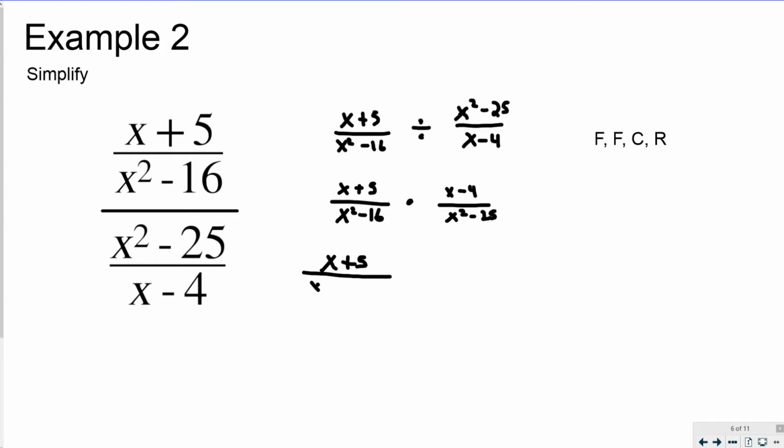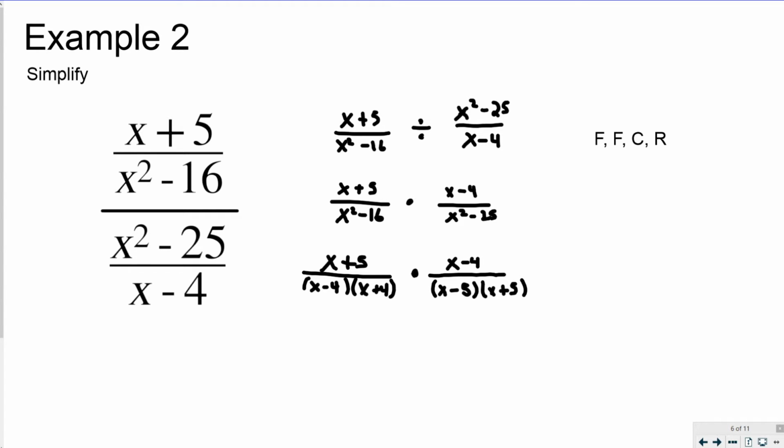On the bottom, I'm going to have x minus 4 times x plus 4, times, and then we have the x minus 4 up on the top still. And then x squared minus 25 is the same as x squared minus 16, except instead of 4s, it's going to be 5s: x minus 5, x plus 5.